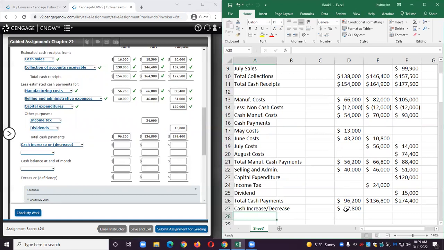So that's how much our cash went up, and then we see it went down in August, which shouldn't surprise us. So my cash increase was 57,800 in June, 28,100 in July, and negative 96,900 in August.